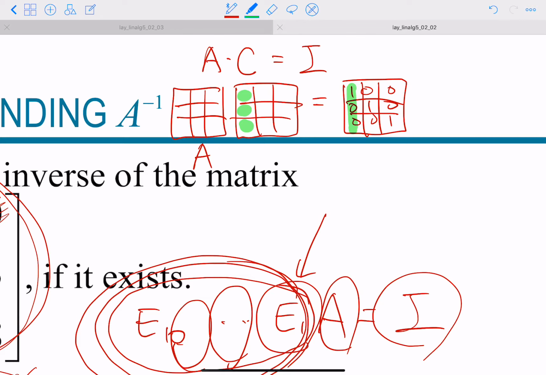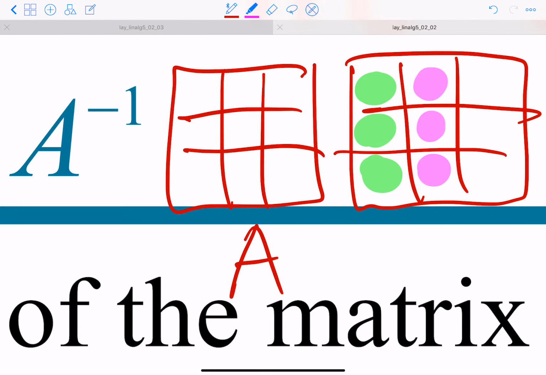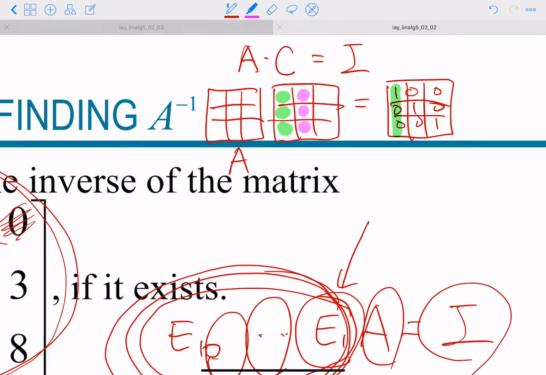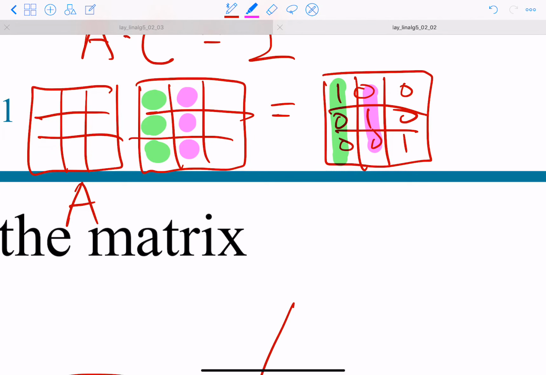And then the second set of linear combination coefficients, using the same set of columns provided in A, will give us the second column in the resulting matrix, right? Let's call this C1, C2, and C3 the 3 columns of C, okay?